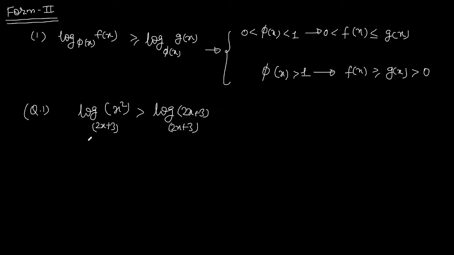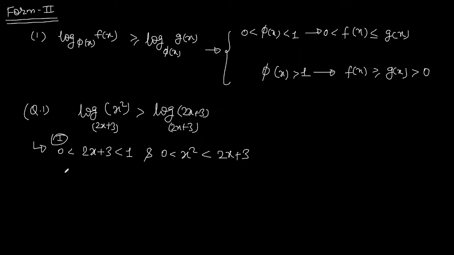So for solving this question, what will I do? We'll take when 2x plus 3 is between 0 to 1. Case 1: the inequality will open as x squared is less than 2x plus 3 and x squared will have to be bigger than 0. Okay, so this is 'and'.